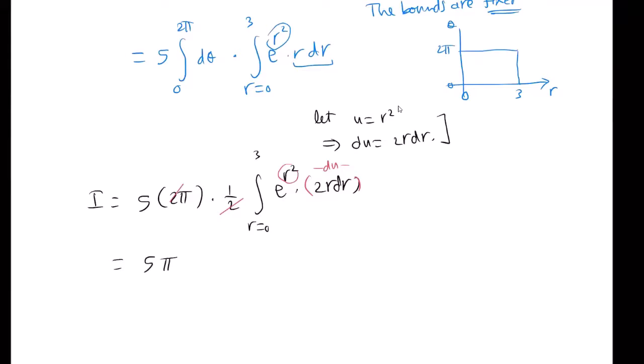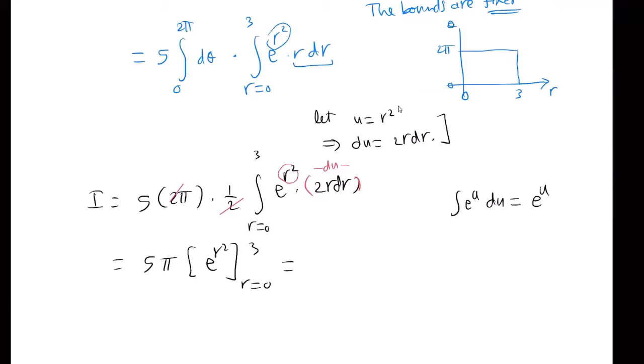Then think of this as e to the u du. What is the integral of e to the u du? Exactly e to the u. So what do we get? E to the r squared from r equals 0 to 3.